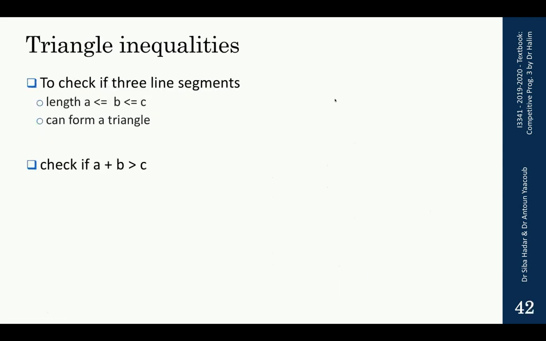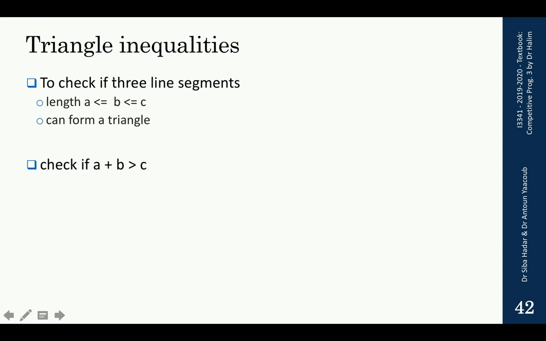That's it. Another thing is triangle inequalities. If you have, let's say, three values and you want to check if those three values correspond to triangle sides, you just have to check the triangle inequality.